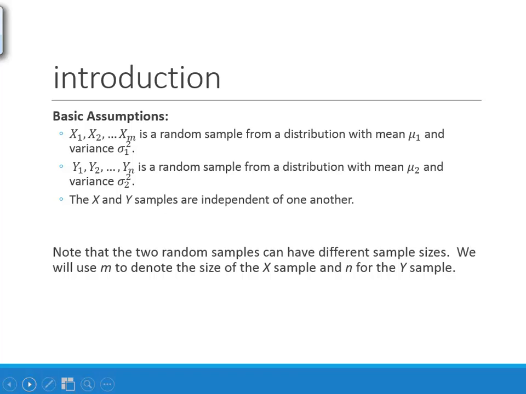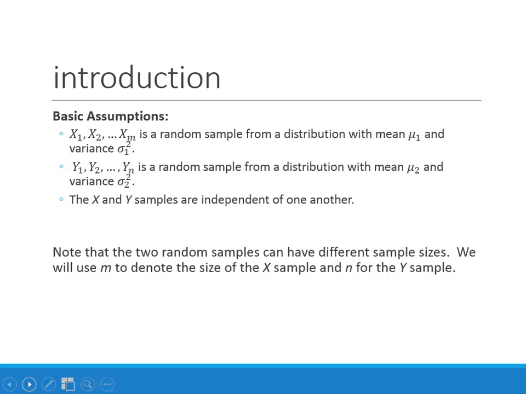Okay, so our assumptions are that we have a random sample. In our first round here, we have a random sample from one population, so from one distribution that has mean mu1 and variance sigma 1 squared. And then we also have a sample from a second population, or a second distribution, that has mean mu2 and variance sigma 2 squared.